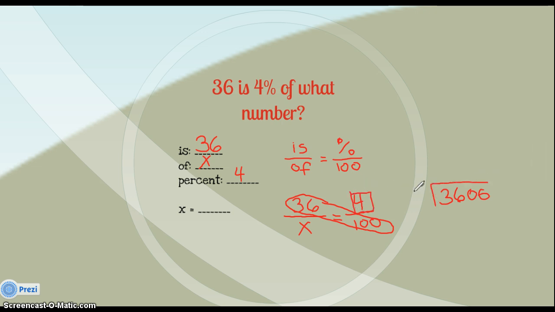When you divide 3600 by 4, you get 900. So in other words, 36 is 4% of 900. That's how you solve them.